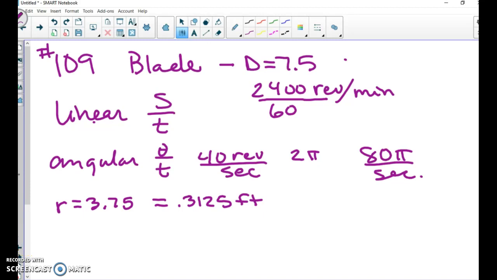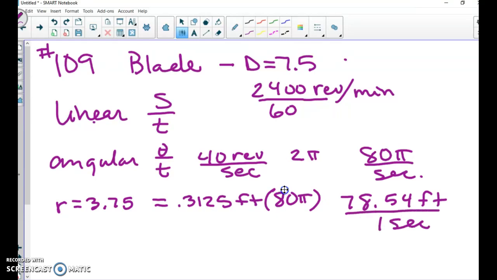We're going to take that radius and divide by time. We've got 0.3125 feet times our radians, which we got as 80 pi in the previous part of the problem. 0.3125 times 80 pi gives us 78.54 feet in 1 second. That seems like it's really moving.